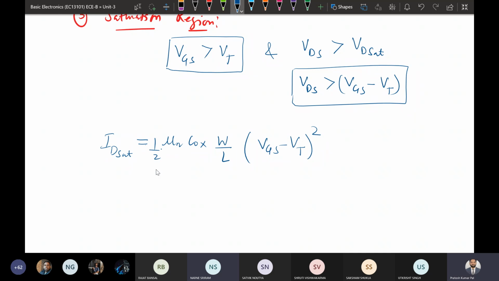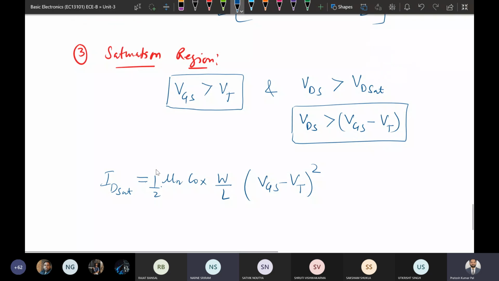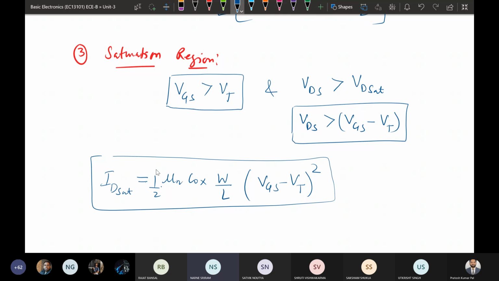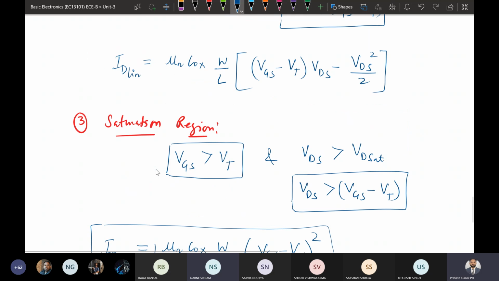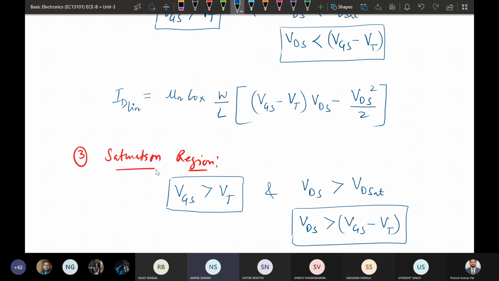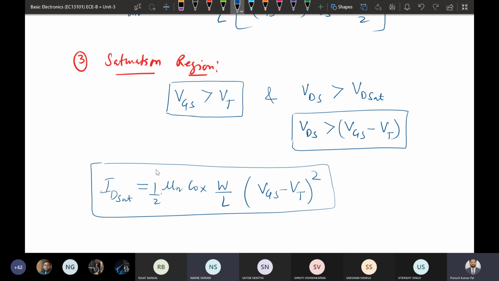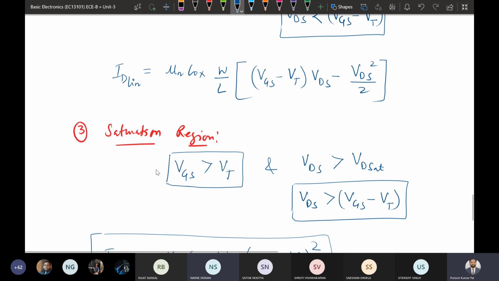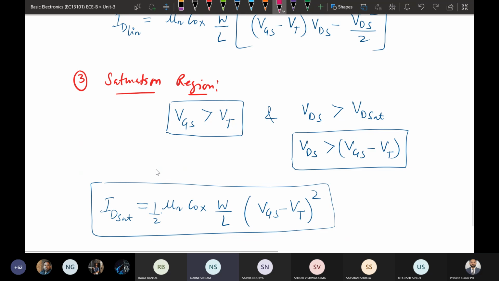So from where has this equation come? By putting VDS equals VGS minus VT in the linear equation, we will get this expression.